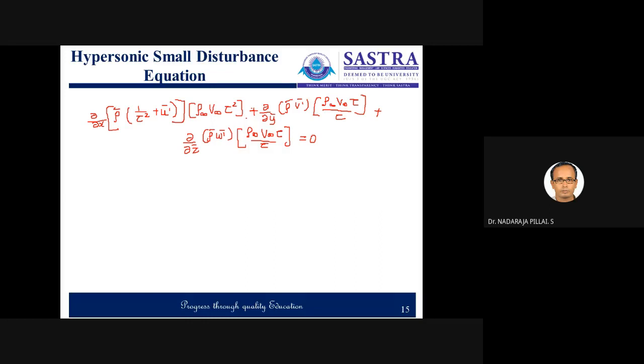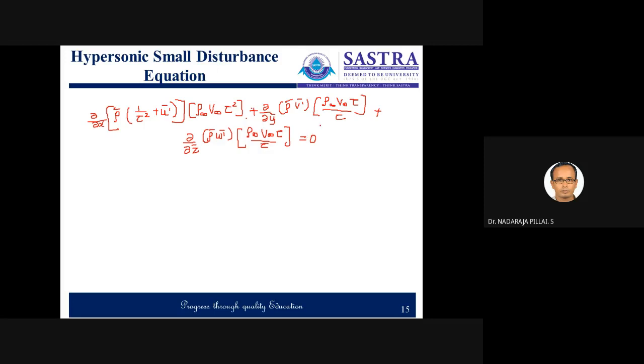So we need to note one particular point here. So 1 by τ² plus ū', so ρ∞ v∞².